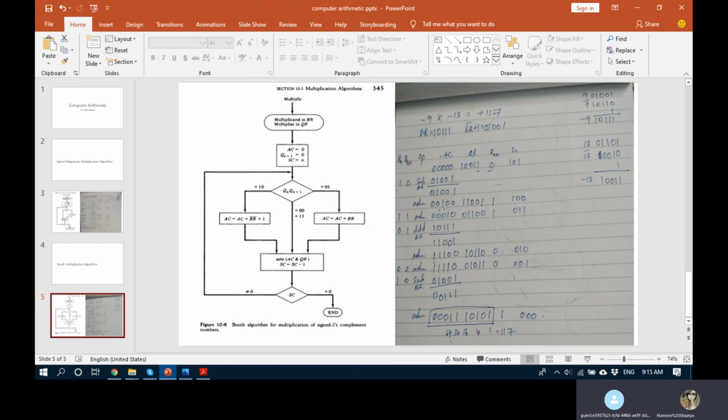How do you perform multiplication operation? You have multiplicand, you have multiplier, and then you write.